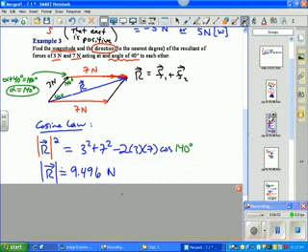So for the direction, we can pick one of 2 things. It has to be in terms of something, and the only things we had at the start of this question that were actually locked in were the 7 Newton vector and the 3 Newton vector. So if you look at the diagram right now, we have to consider the direction of this resultant to either be this angle here, between the resultant and the 7 Newton vector, or we could choose to have the angle that's between the 3 Newton vector and the resultant.